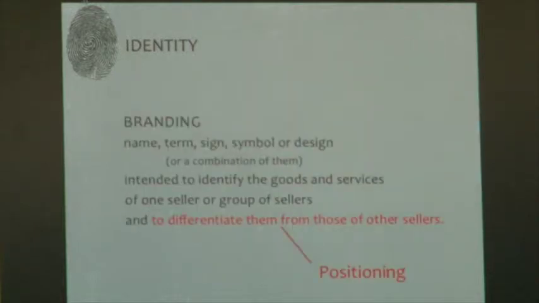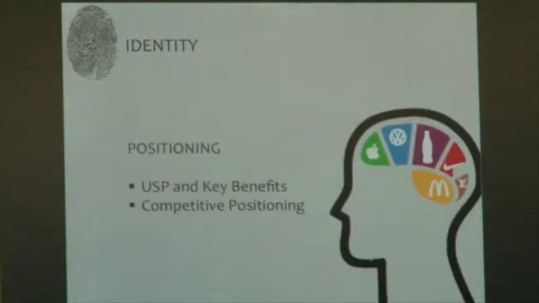And the last part of this definition deals with positioning. Not much emphasis was made on positioning, but positioning is about telling your story and what makes you different and getting people to think about you whenever they think about your brand or your identity. Okay? Position is referred to in your brain.